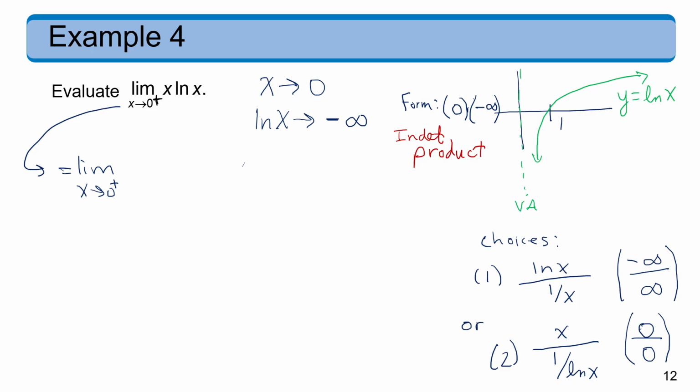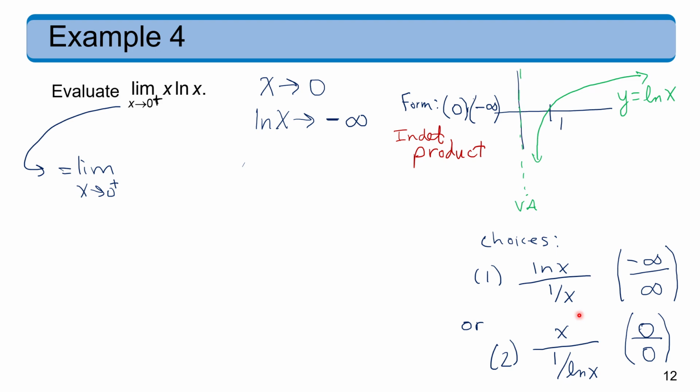So this will always happen with your form 0 times infinity. If you rewrite it in either one of these ways, you'll get one of these two forms where you can use L'Hopital's rule. So how are we going to choose which one to use? In theory, you can use either one, but usually one choice is easier to work with than the other.